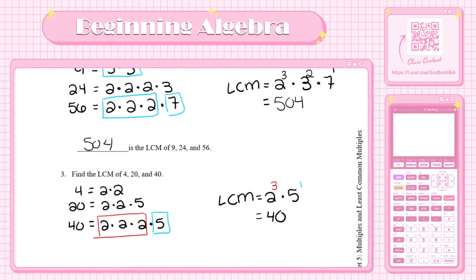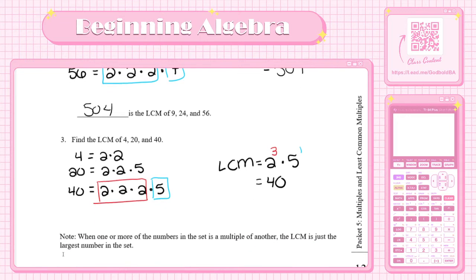If I just gave you 20 and 40 and I asked you what the least common multiple was, if I gave you 2 numbers and asked you what the least common multiple is, then the bigger one's going to just be the least common multiple because it's a multiple of both of those things. So when one or more of the numbers in the set is a multiple of another, the LCM is just the larger number in the set.